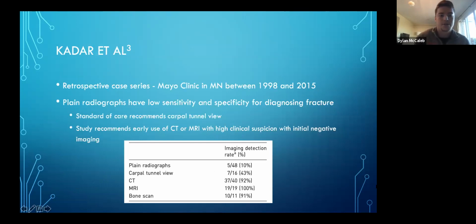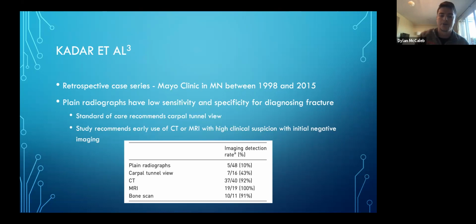The first study I looked at was a retrospective case series at the Mayo Clinic in Rochester. Injuries spanned from 1998 to 2015. I really liked the study initially because they went over the limitations and initial diagnosis of the fractures. As I previously mentioned, there's low sensitivity and specificity for plain radiographs.